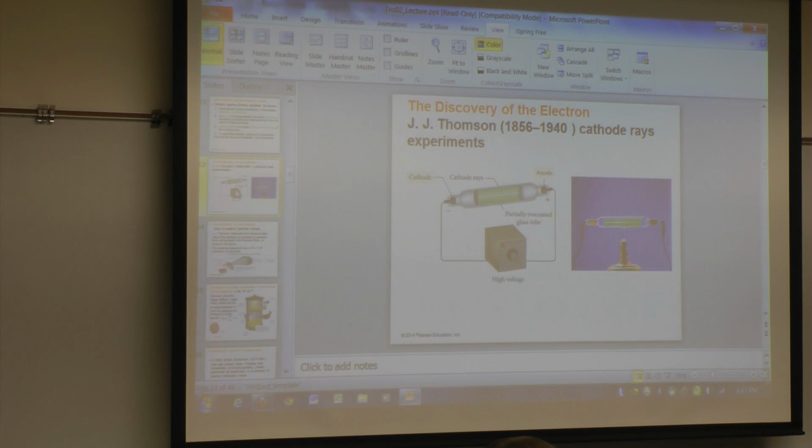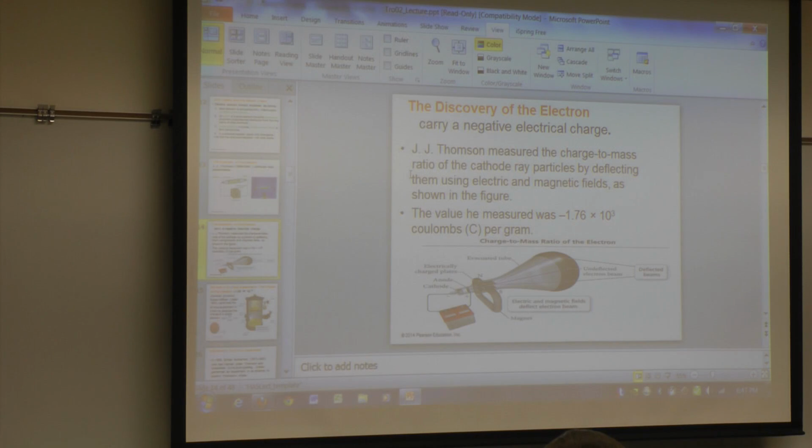Then we want to go a little bit into the background on how the electron was discovered. It was J.J. Thomson who came up with the cathode ray experiment. The electron, he found out, carries a negative charge, and he measured this value. It came up consistently to be minus 1.76 times 10 to the third coulombs per gram.